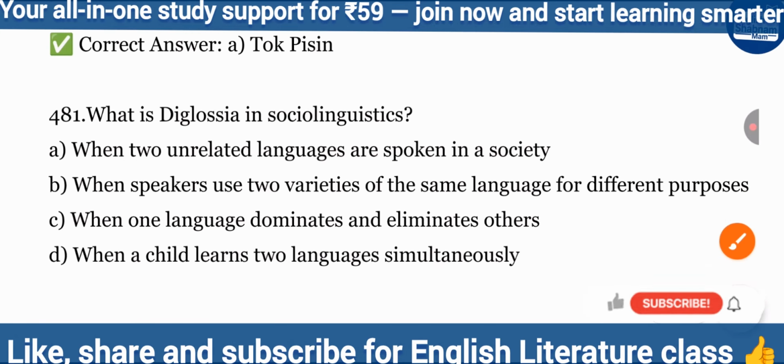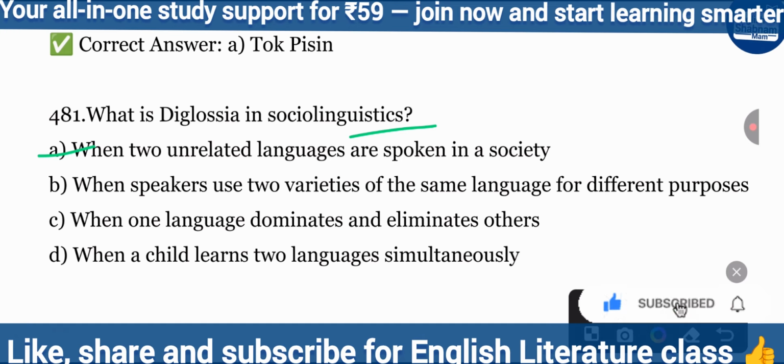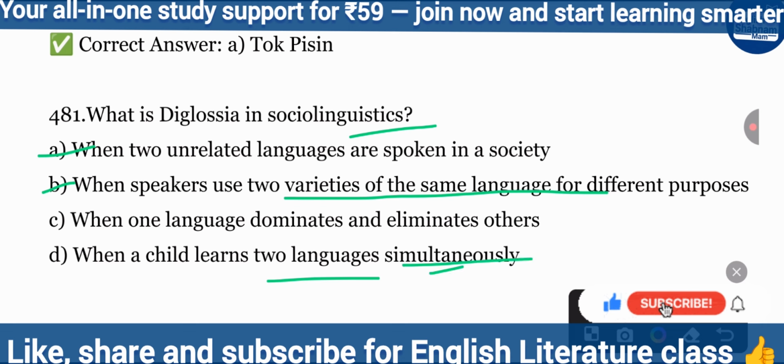Next one we have, what is diglossia in sociolinguistics? When two unrelated languages are spoken in a society, when speakers use two varieties of the same language for different purposes, or when one language dominates and eliminates the others, or option D, when a child learns two languages simultaneously.